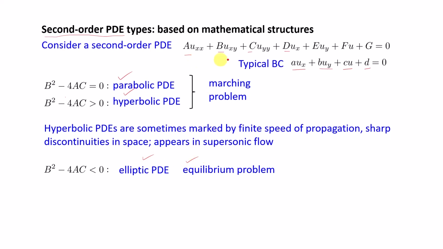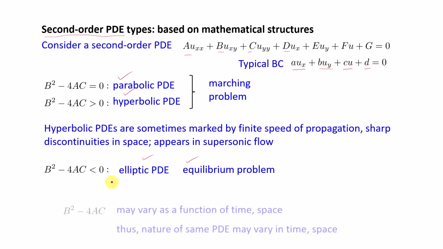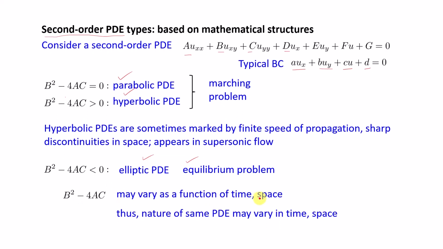Now, depending upon these a, b, c, d, e, f, their nature, this b square minus 4ac may vary at different points in the location where we are solving it, as well as they may vary in time. If a, b, c are constants, then they will not vary. Then we can classify the PDE initially.